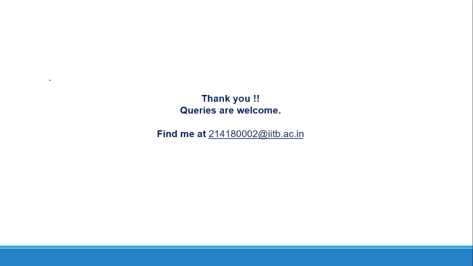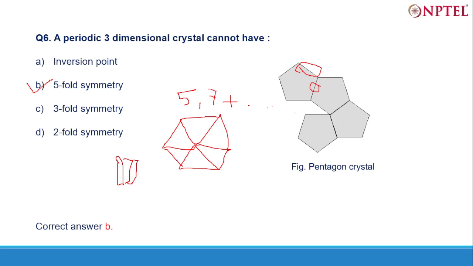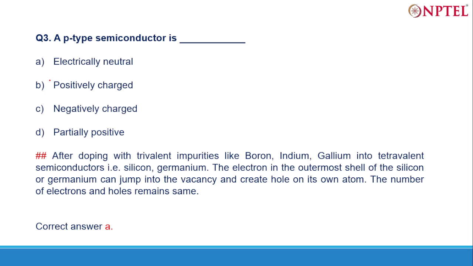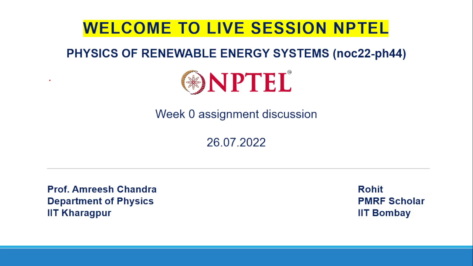So this is how the 10 questions of the week 0 assignments are covered in this lecture. Apart from this, I would like to discuss something related to this course.